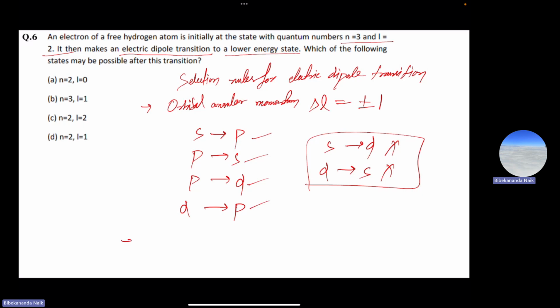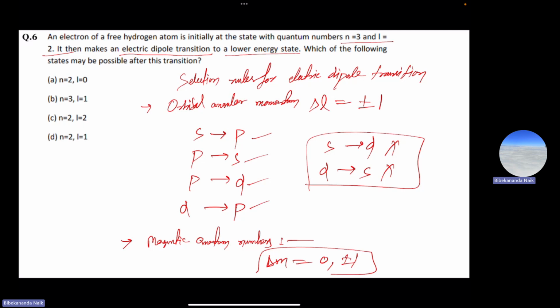And talking about the change in magnetic quantum numbers, delta m equals 0 or plus minus 1. But in our question, there are no magnetic quantum numbers given. We only have n and l.